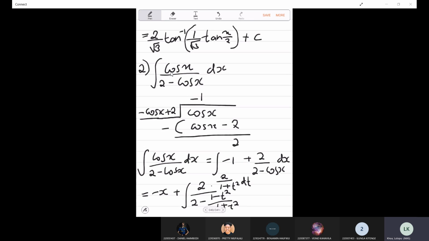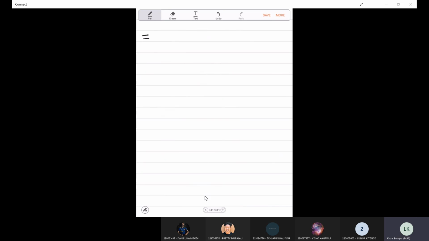So we combine this numerator, multiply this and that, and you have 4 over 1 plus t squared. And then this denominator, you would combine and simplify as far as possible. So this is minus x, plus the integral of 4 over 1 plus t squared.